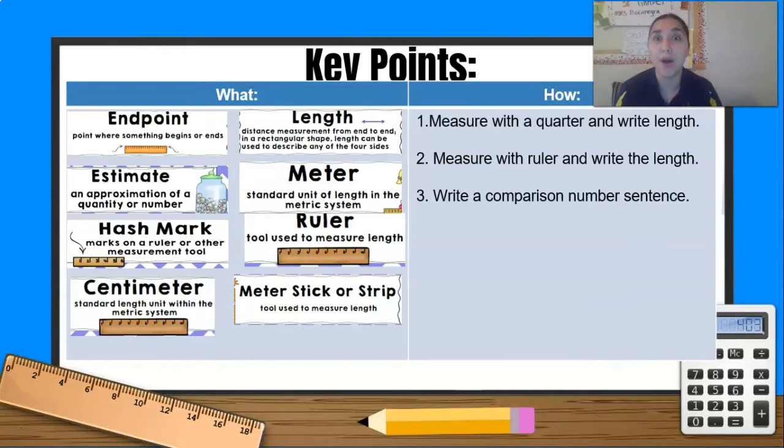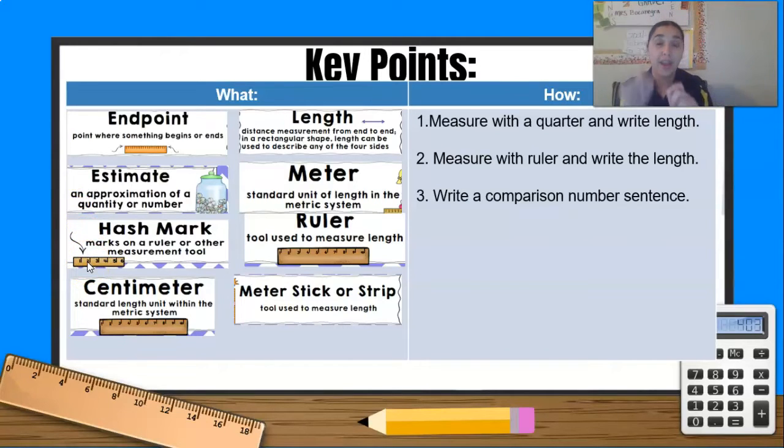Now let's go over what we are going to learn. Well, we're going to talk about what an endpoint is. By now, you should know that an endpoint is where something begins or where something ends. Estimate. Today we're going to use the word estimate because we're measuring in a non-traditional way. So we're going to estimate the distance of a line. Now, a hash mark is the marks on a ruler.